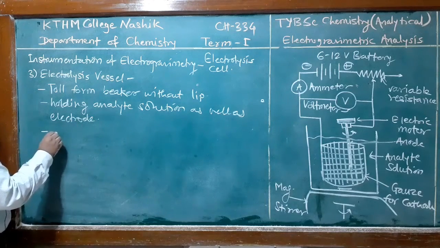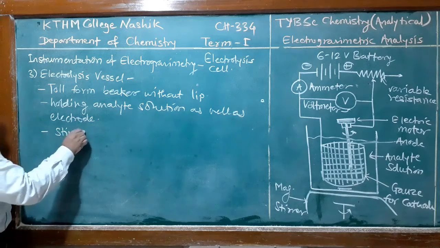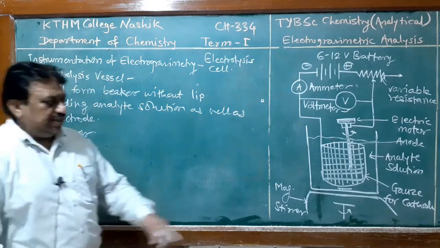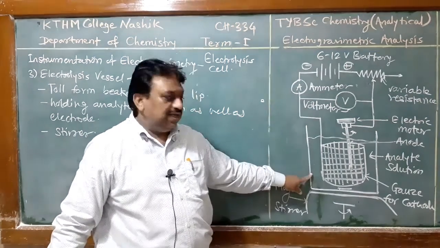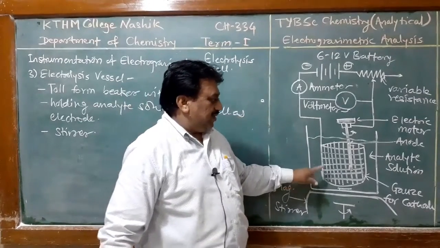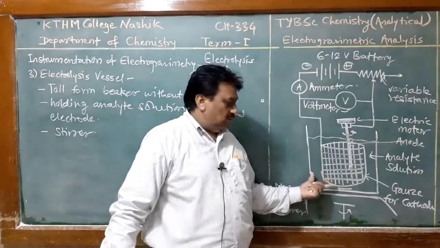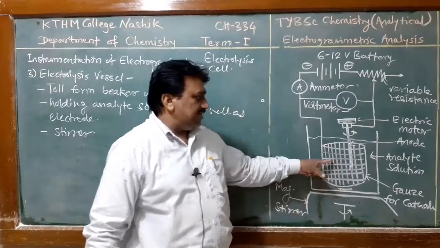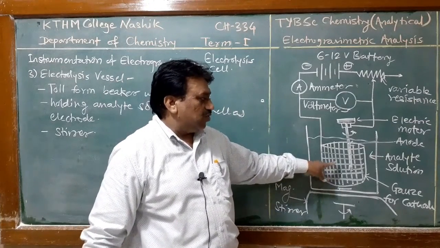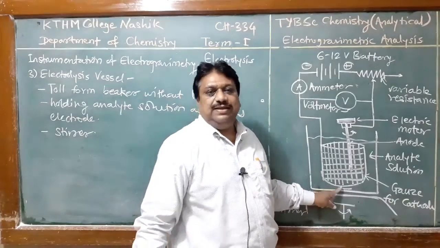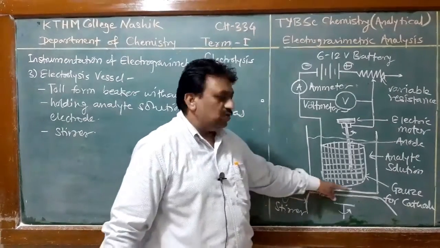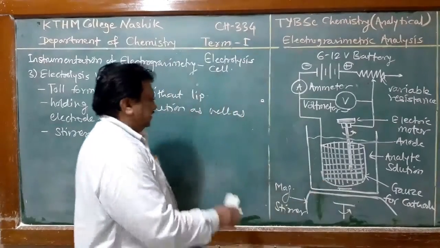Sometimes this may be kept on a magnetic stirrer in this fashion. Therefore, the tall form beaker acts as a vessel that holds the analyte solution as well as the cathode and anode. Sometimes it may be placed on a magnetic stirrer in order to carry out the stirring process.